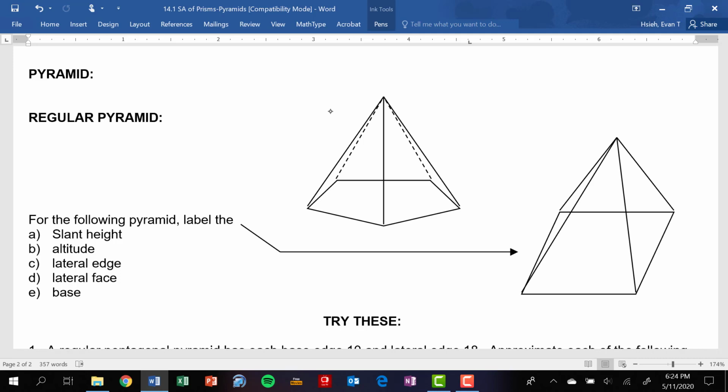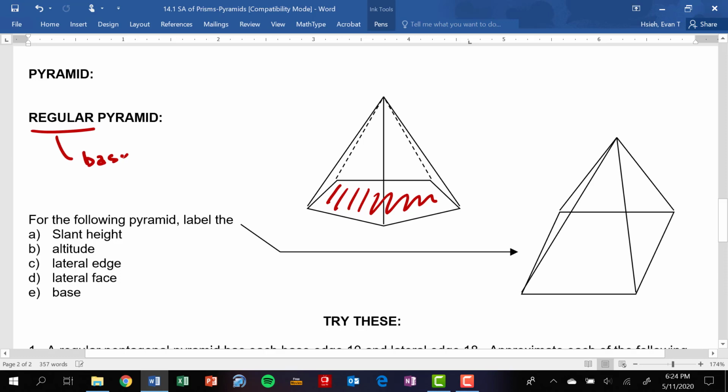But basically, a pyramid has a base. And in the case of what we're going to be looking at, regular pyramids, the base is a regular figure, a regular polygon. And it meets at a single point up here. That's going to be our vertex.